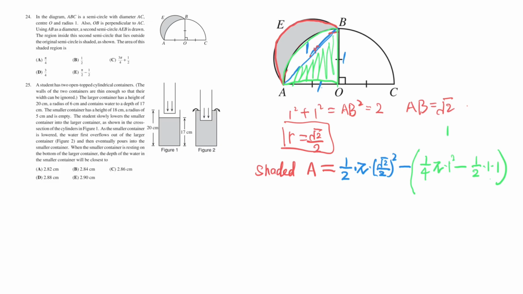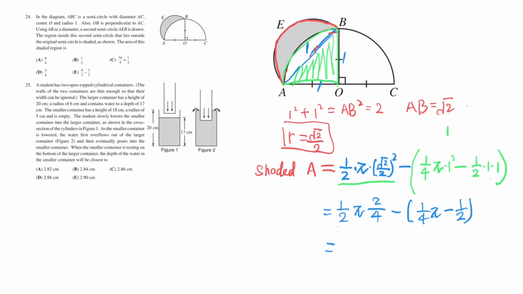We use the semicircle. The blue part is the semicircle area minus the region 1 area, which gives us the shaded area. Now that equals 1 over 2 pi times 2 over 4, minus the bracket 1 over 4 pi minus 1 over 2.